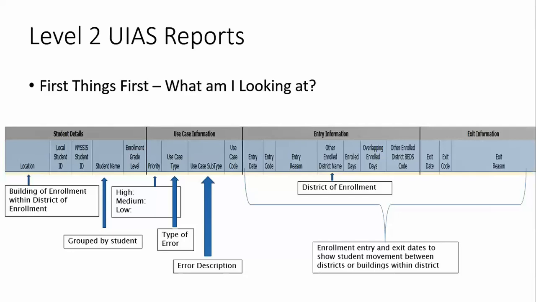And Sam, thanks for bringing that up. That's actually one of the dates that we anxiously await, because many districts have been going in and making Level 0 historical updates to resolve these UIAS issues since the UIAS reports first came out in October, and they are anxiously awaiting the point in time when the Level 0 historical updates will be incorporated, so that some of those corrected issues will actually go away and no longer show on the report.